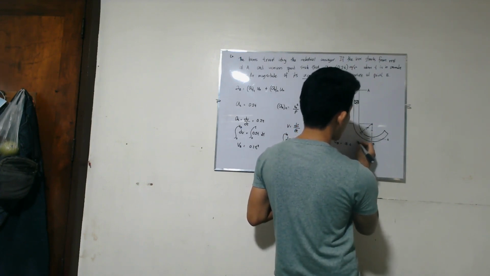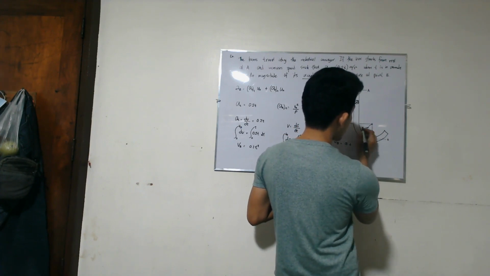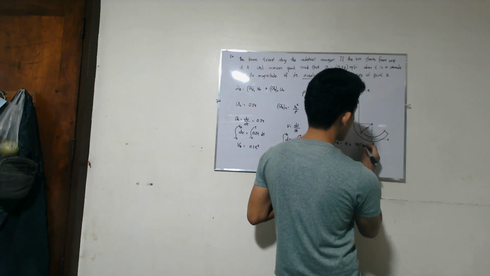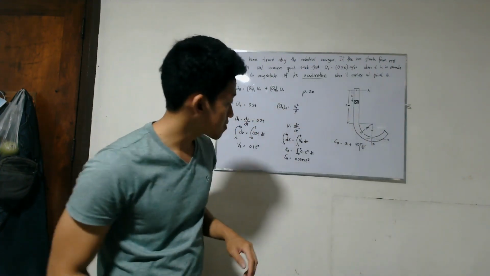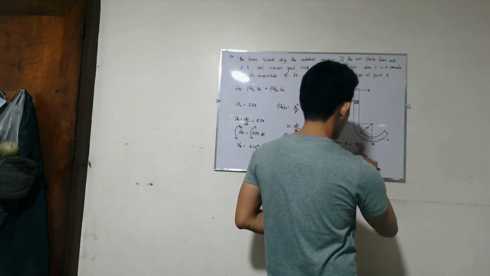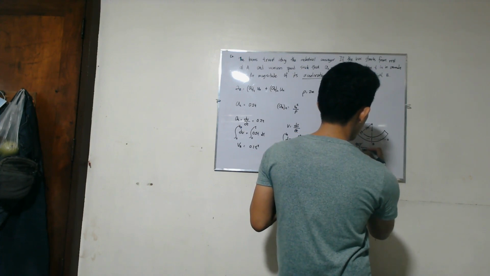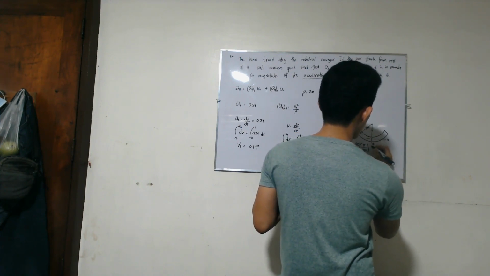That is just theta r. Theta ni is 90 degrees, convert na to radians, times 2.